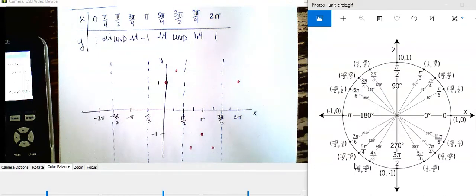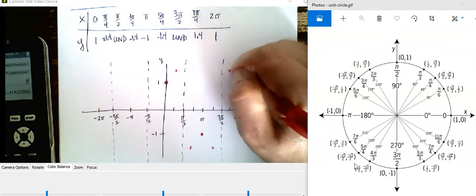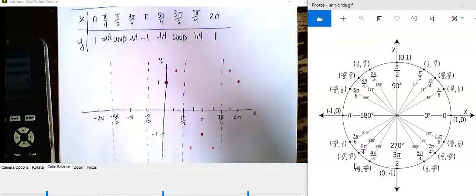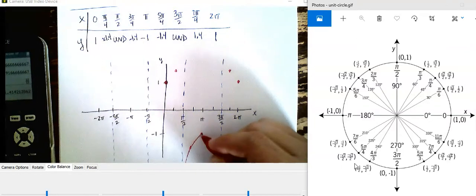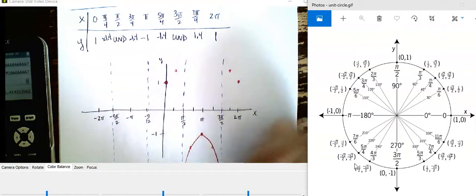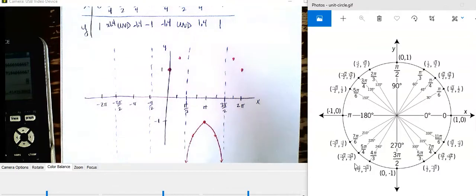And at 7 pi over 4, we get positive 1.4 again. So you can see the graph of this section shaping up. Looks kind of like a parabola that follows those asymptotes downward.